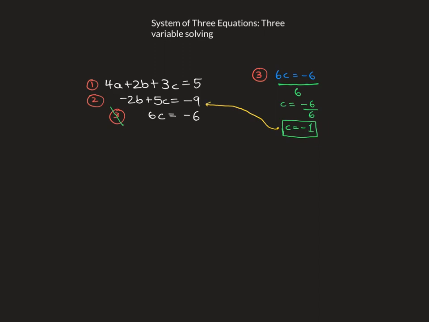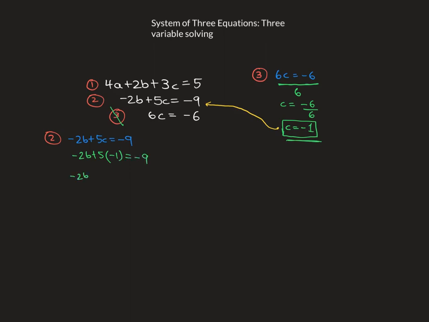So we have minus 2b plus 5c is equal to minus 9. And then what happens is this becomes minus 2b plus 5, and our value of c is minus 1, is equal to minus 9.